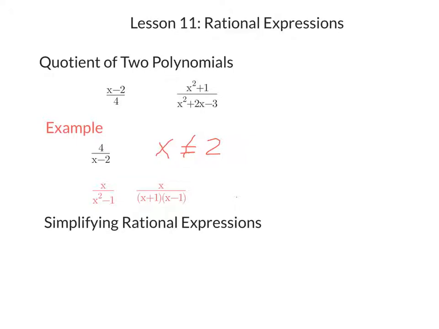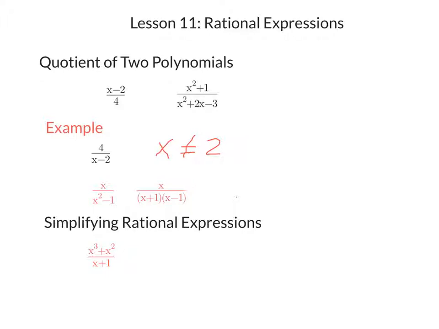Now let's talk about simplifying rational expressions. A rational expression is said to be simplified if the numerator and denominator have no common factors other than plus or minus 1. So let's look at this example: (x to the third plus x squared) over (x plus 1).